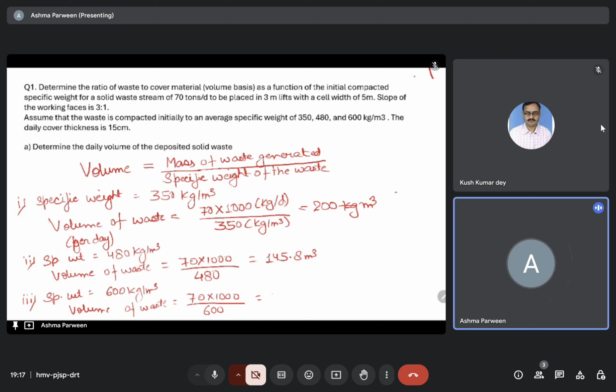So it's coming out to be 116.7 meter cube. So we have been given three specific weights, so we will find out the volume of waste which needs to be deposited based on all three specific weights. And then, let's see the next part.